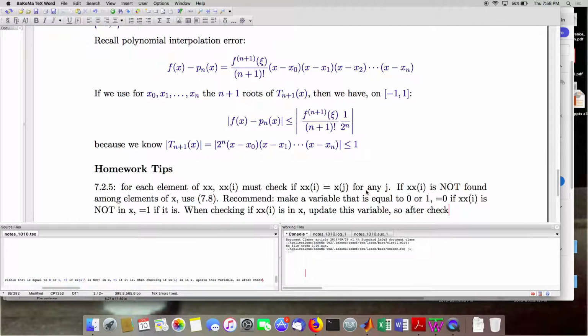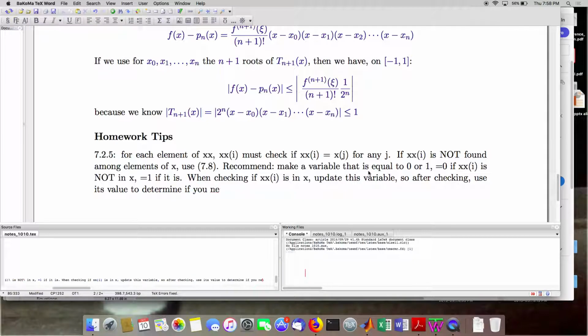After checking, use its value to determine if you need that formula at all. I'll call this variable found, because that's what it means. You think of a Boolean variable, 0 or false if it's not found, a 1 or true if it is found. So as you're checking, if you do find this within x, you can set found equal to 1.